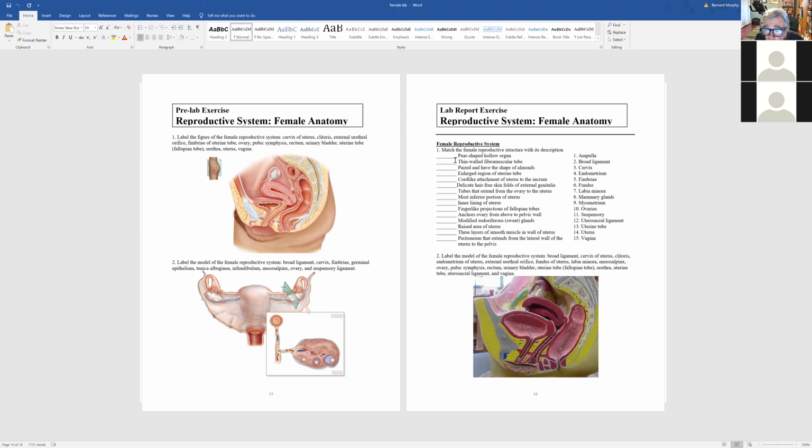And delicate hair-free skin folds of external genitalia is 7, the labia minora. Tubes that extend from the ovary to uterus, 13, the uterine tube or fallopian tube.